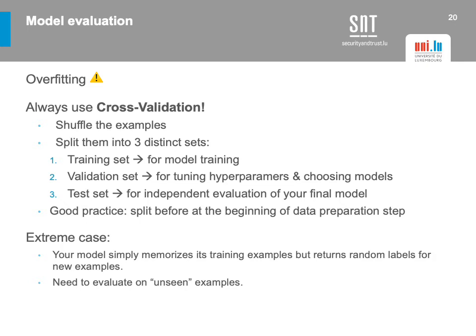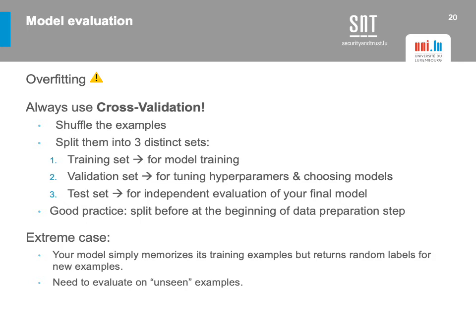To use cross-validation, what we do is that we shuffle the examples, so that there is no pattern. The ordering of examples doesn't influence the way that we estimate the performance of our model. We shuffle them, and then we split them into 3 distinct sets. This has to be distinct, so each example is in only one of the sets. No example should be in both the training set, the validation set, and the test set.